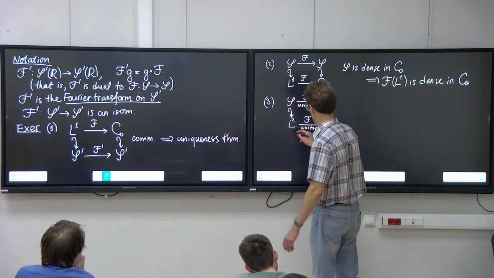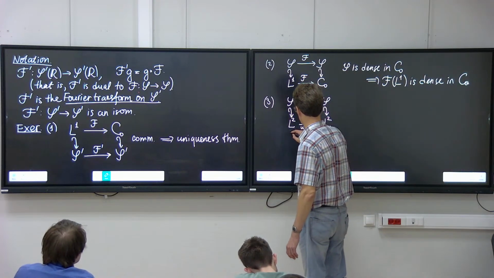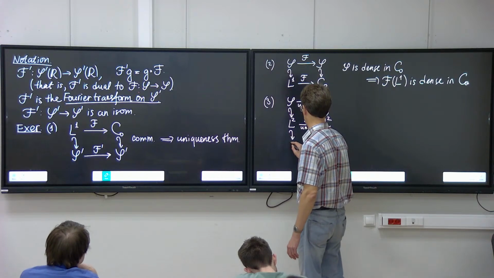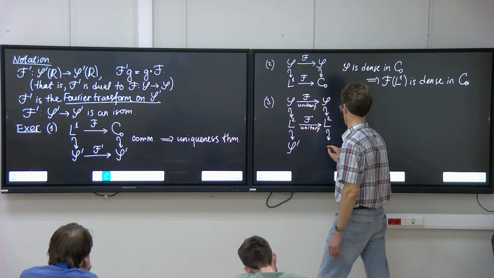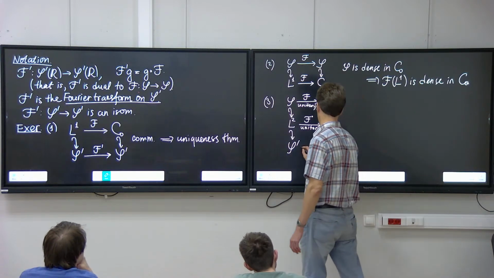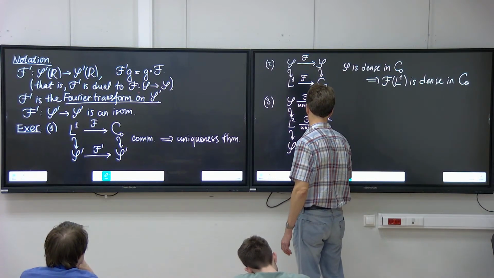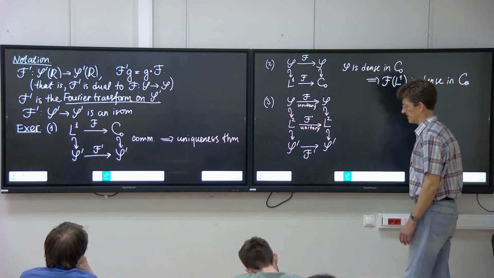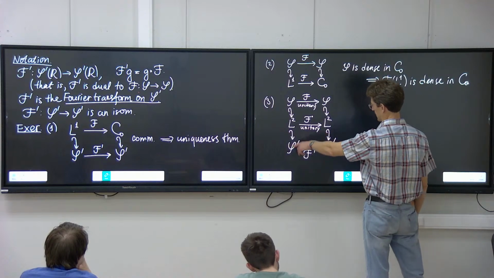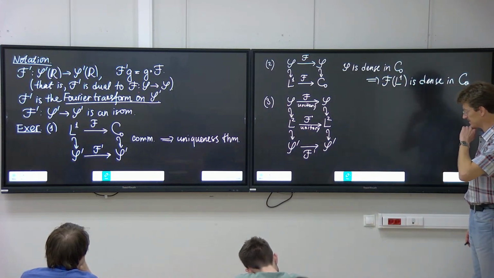Well, let's complete this diagram as follows. L2 is embedded into the space of tempered distributions. And here we have F prime. And again, a little calculation shows that this diagram also commutes.